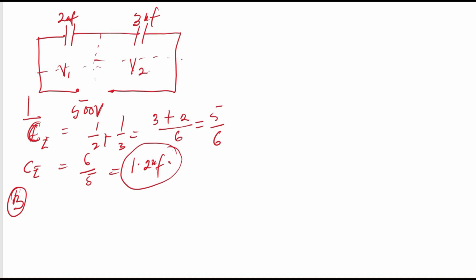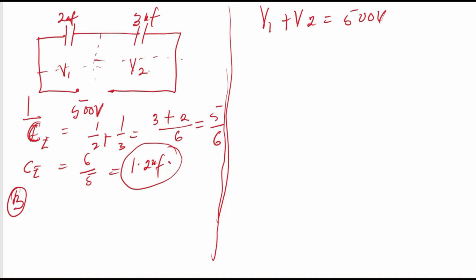Now, if you look at this combination closely, you see that V1 plus V2 will be the same thing as 500 volts. At the same time, 2 of V1 will be the same thing as 3 of V2.